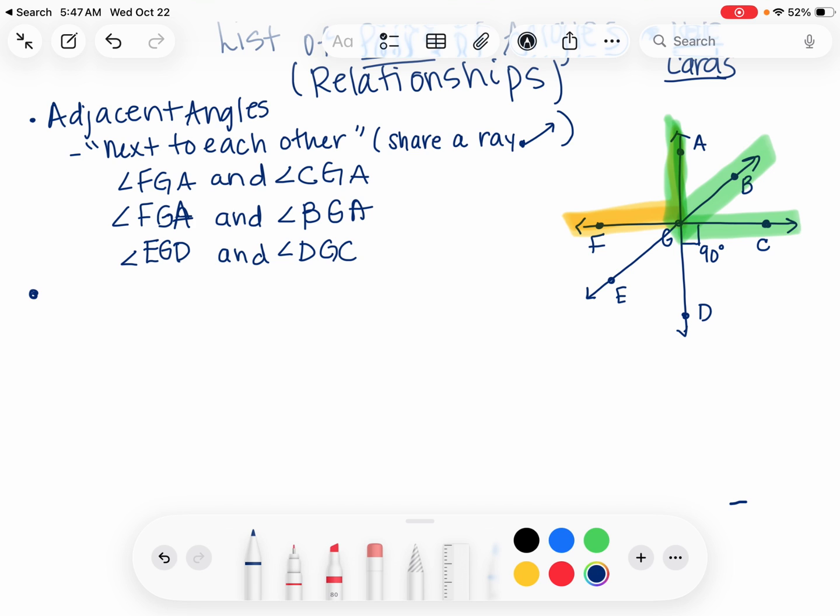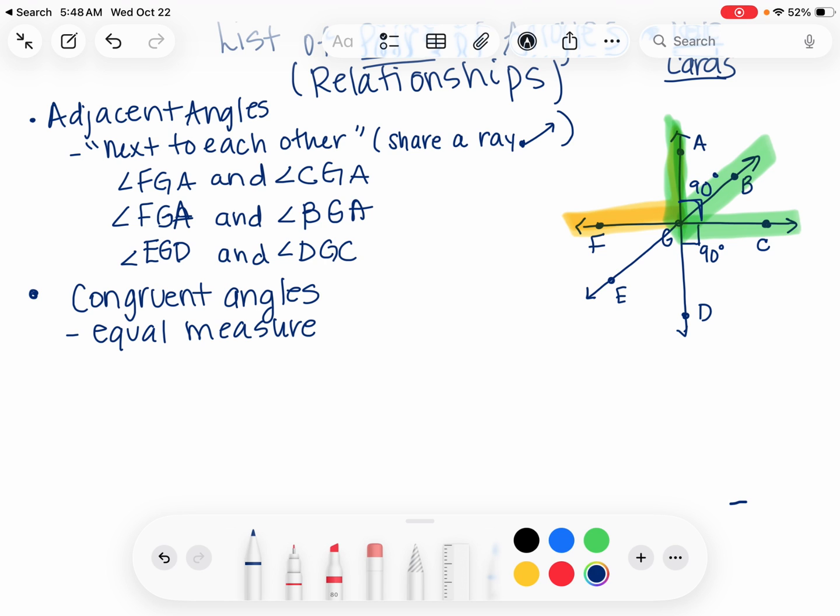So next, we're going to talk about congruent angles. Congruent angles are angles that have equal measure. So whatever one angle is, the other one has to have the same measure. And I forgot to put a box here that's also 90 degrees. Sorry.